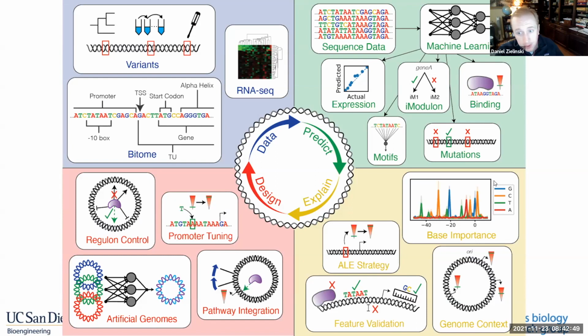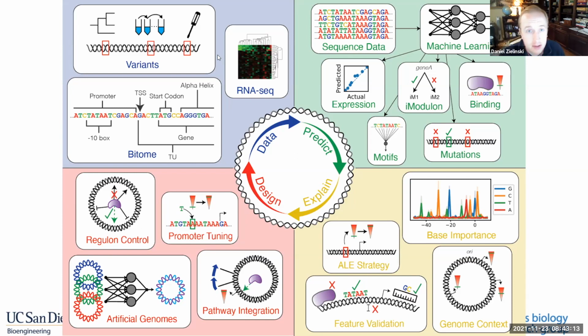So this is a beautiful figure that Cam made to describe the concept of what we see as the vision for sequence-based machine learning, and we really see it as its own design, build, test, learn loop. And so in the upper left, we have the Bitome, which is all the information that we have.